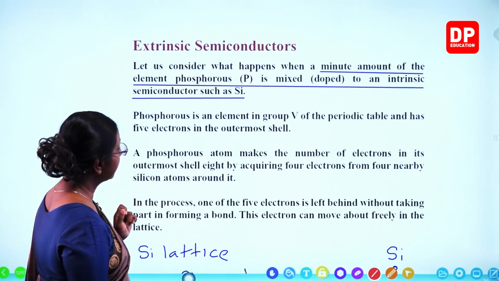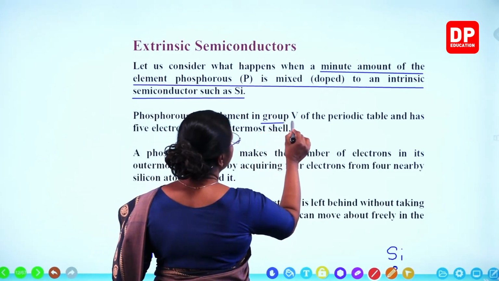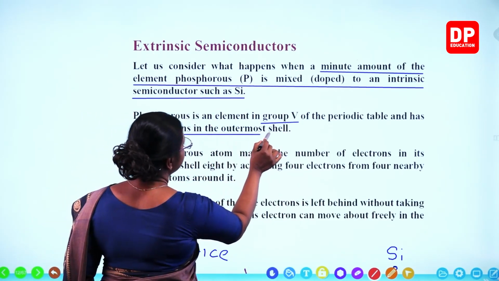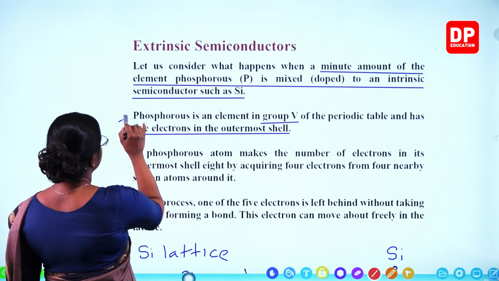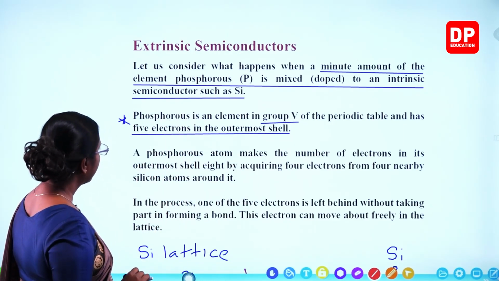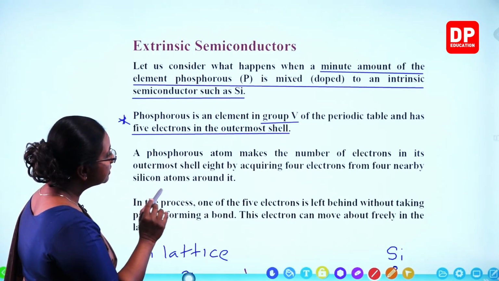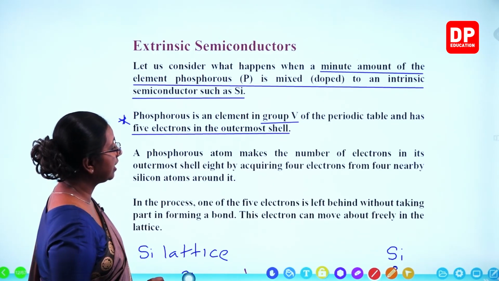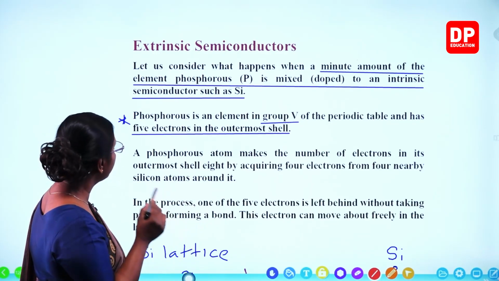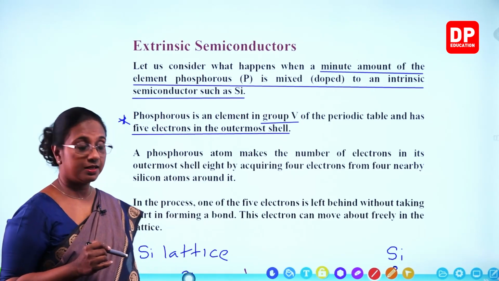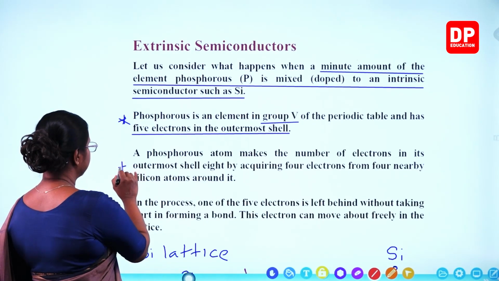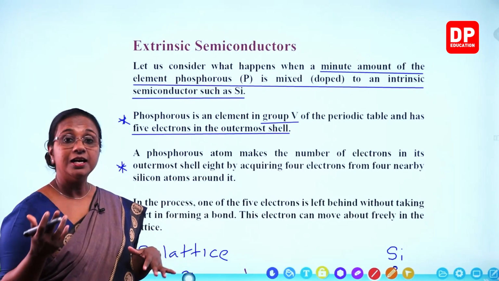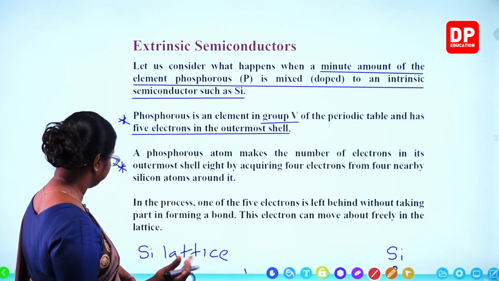Now phosphorus is an element in group 5 of the periodic table and has 5 electrons in the outermost shell. So you need to understand that. A phosphorus atom makes the number of electrons in outermost shell 8 by acquiring 4 electrons from 4 nearby silicon atoms around it. So what we discussed. A phosphorus makes the number of electrons 8 by bonding with another 4 silicon atoms.